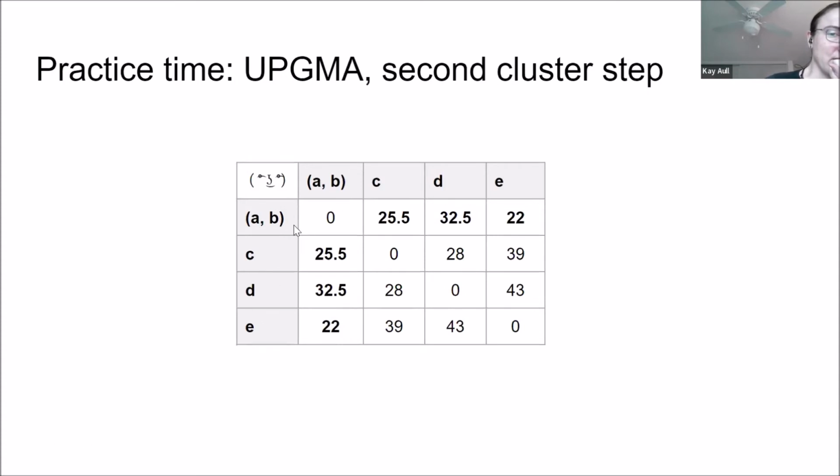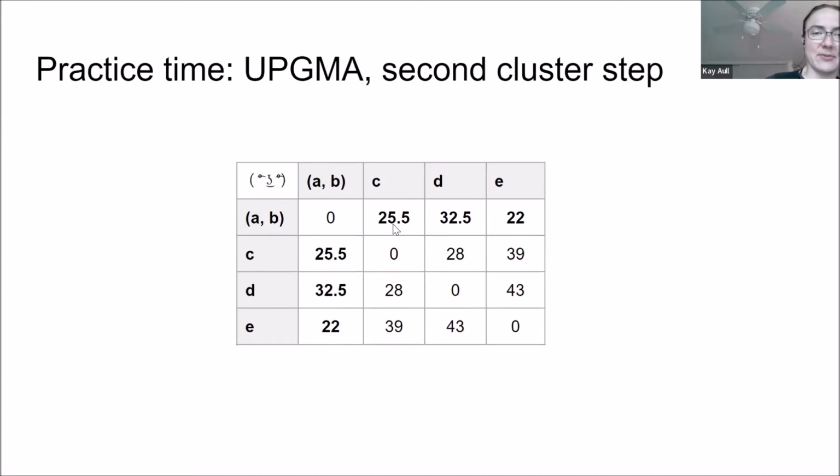If you want to merge these 2 things, the difference between A, B, and C is this, but you have to take into account that this distance represents 2 different objects. So you multiply that by 2. So that's your distance between the AB component of that cluster and C.